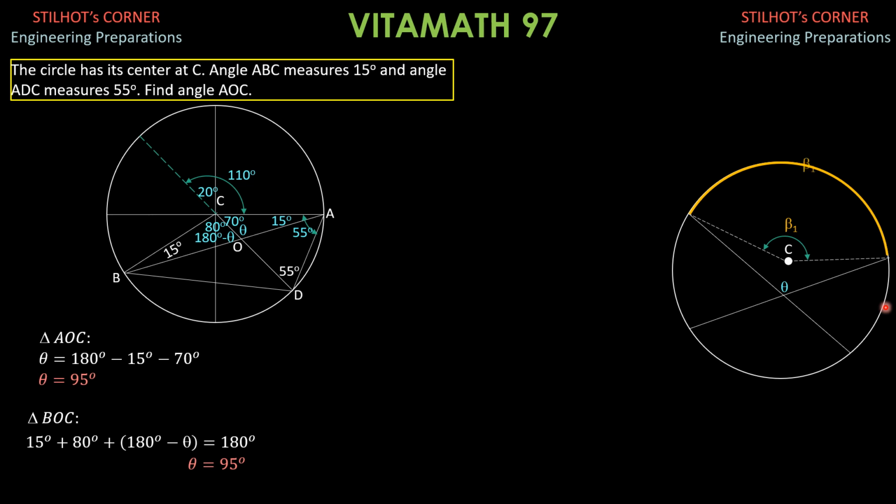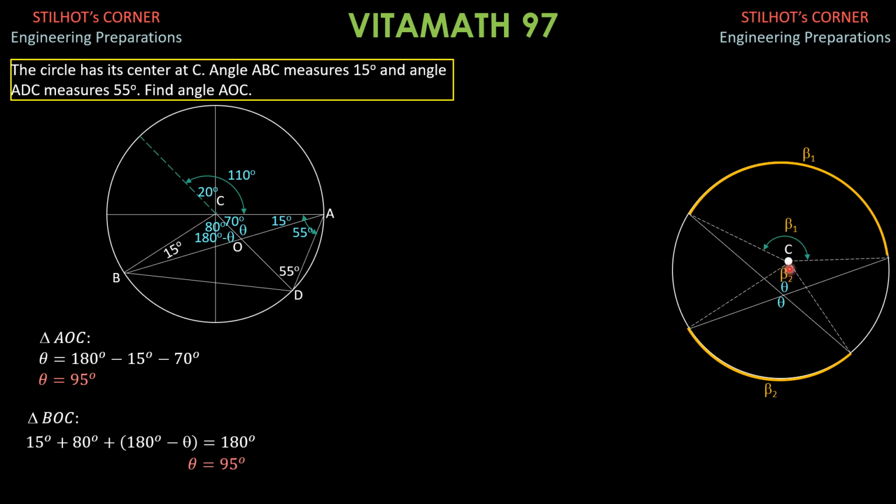Likewise, for the other arc subtended, that's also theta, and this angle here is beta 2, which is equal to the angle occupied by the orange arc below.